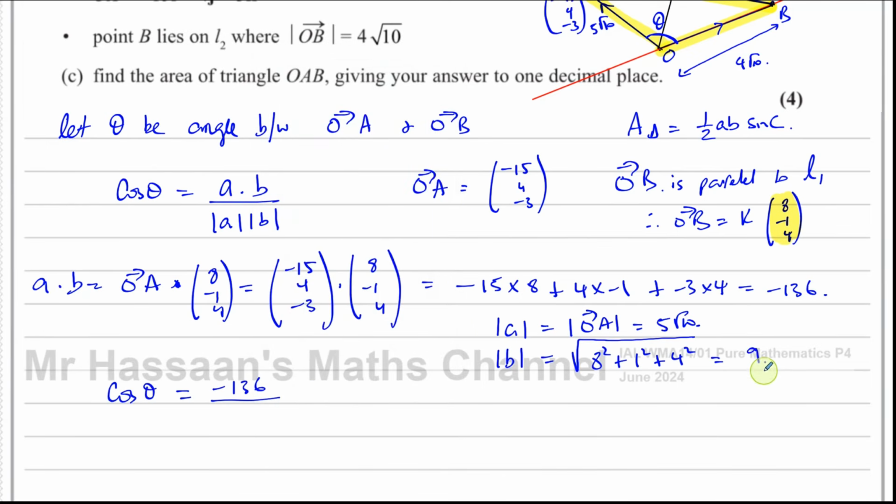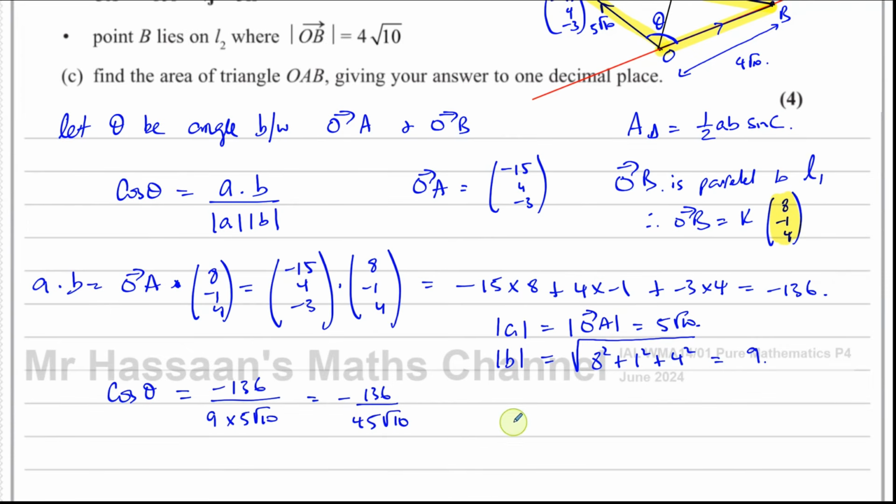Okay, that's an exact value, 9. So the cosine of theta is minus 136 over 5 root 10 times 9. So you're going to end up with minus 136 over 45 root 10. Okay, so there's the cosine of theta.